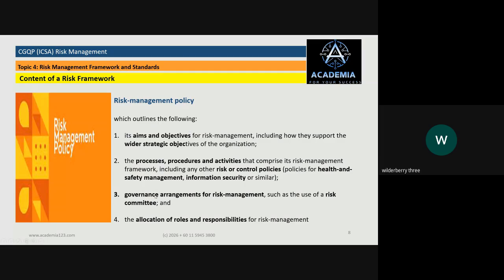Also, governance arrangements. Governance arrangement is who is responsible for what. Ultimately, the overall responsibility shall be placed with a risk committee, which is independent. So never place a risk committee beneath the CFO. That doesn't make sense. That would lead the whole governance ad absurdum. So please, independent.